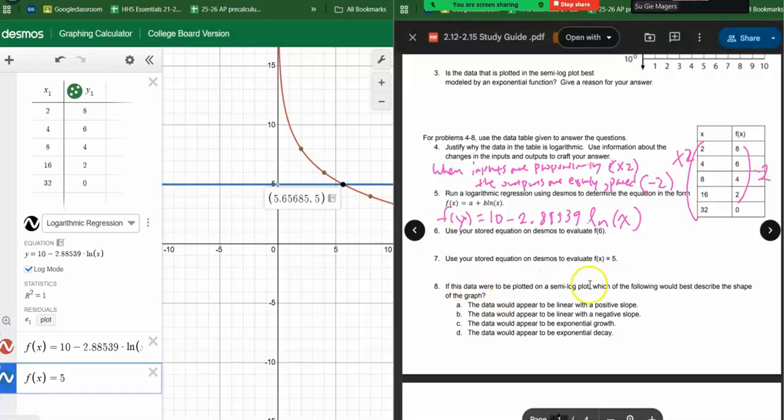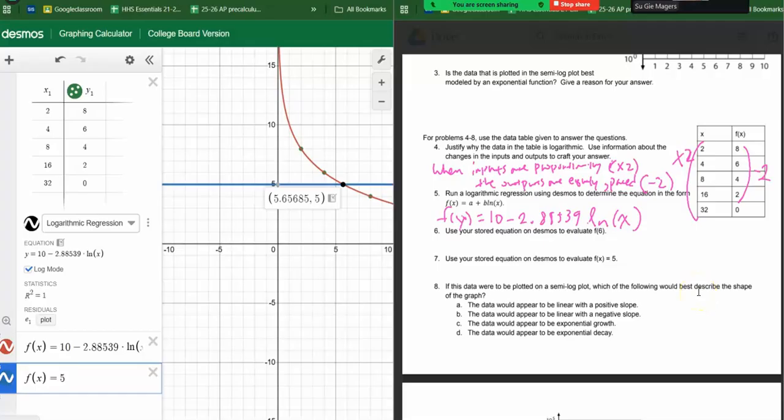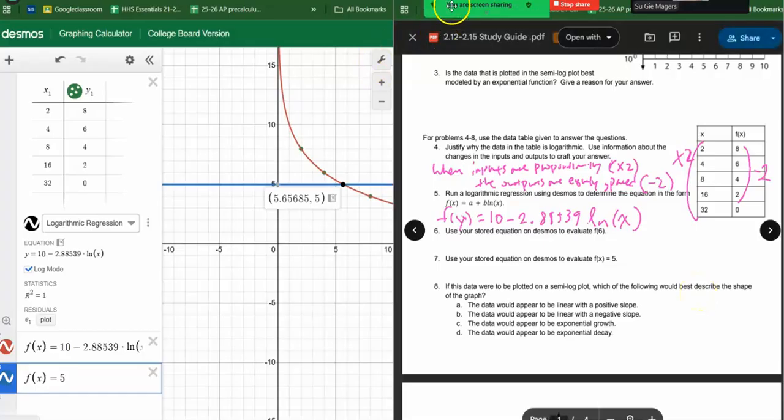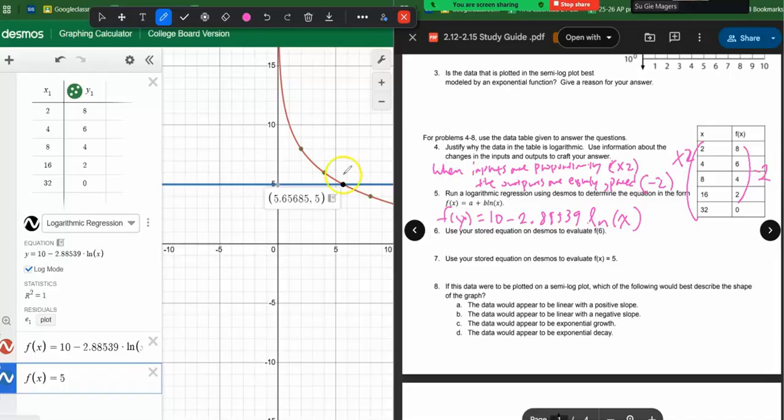Number 8. If the data were to be plotted on a semi-log plot, which of the following would best describe the shape of the data? All right. So since this is logarithmic, which of the following would describe the shape of the graph?